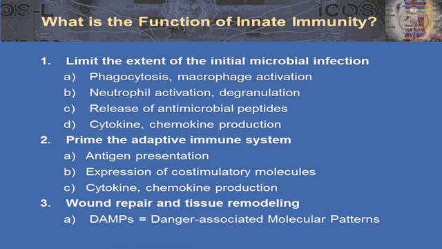And if it's around for more than 3 or 4 days, it now needs to bring in the designer weapons. And that is cells of the adaptive immune response. So it primes the adaptive immune response. And then finally, whenever the battle is over, it has to participate in repair and tissue remodeling.